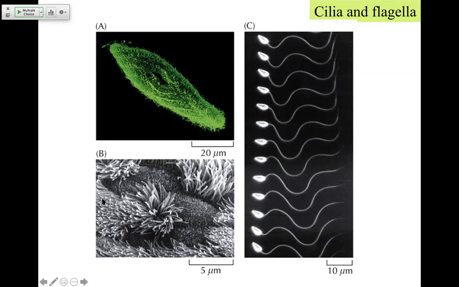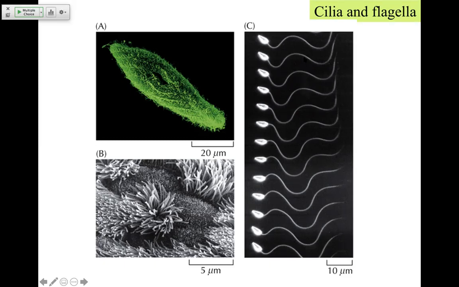Some multicellular eukaryotes, like ourselves, have cilia on some cell types, such as the cells of our respiratory tract, the cells in our trachea and bronchial tubes, that are constantly moving. That beating motion moves the fluid containing mucus as well as debris up towards our throat so that we can swallow it to keep our airway clear.